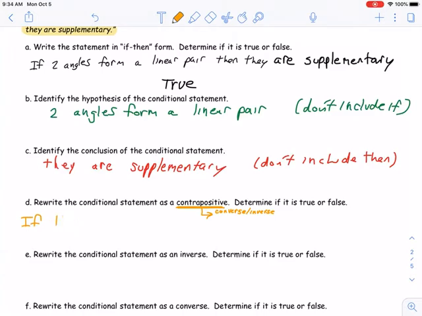If two angles, again, we try to make it sound grammatically as best as possible.